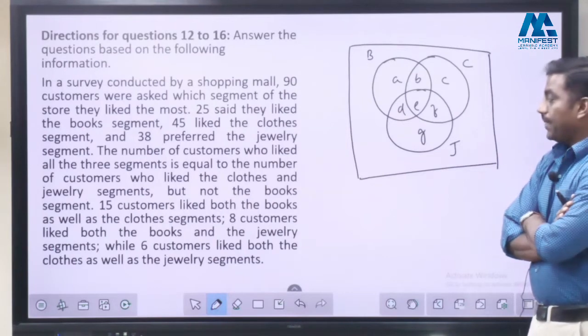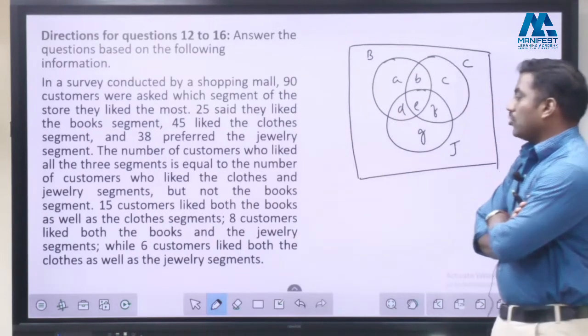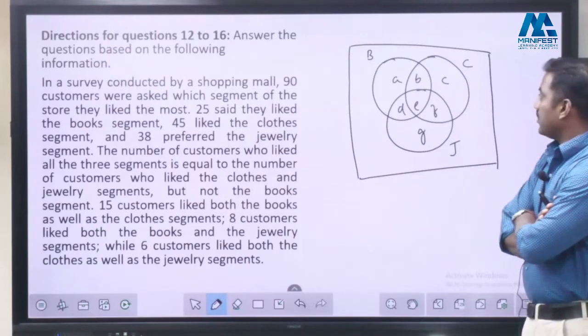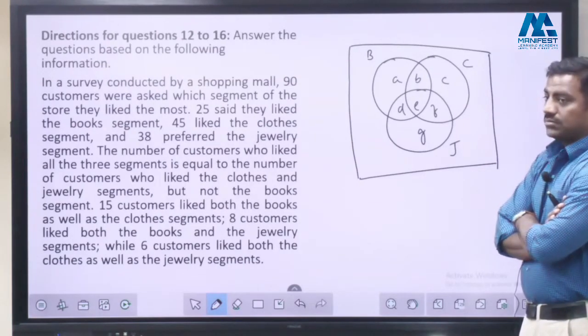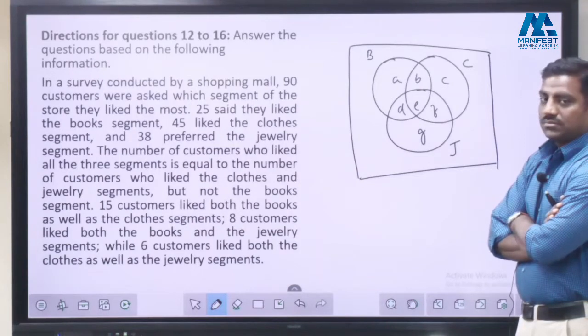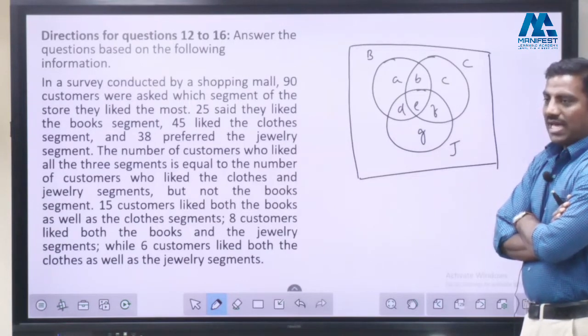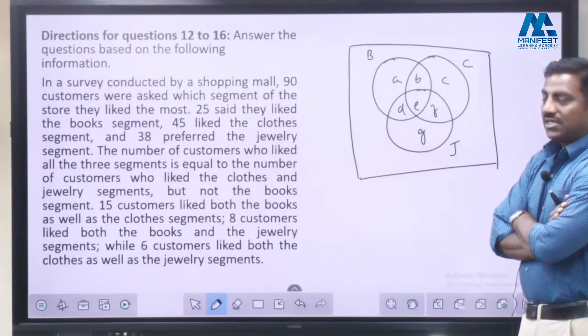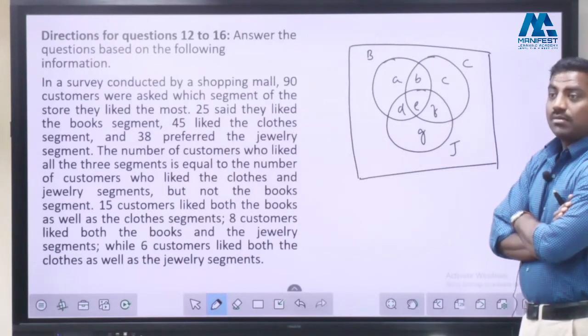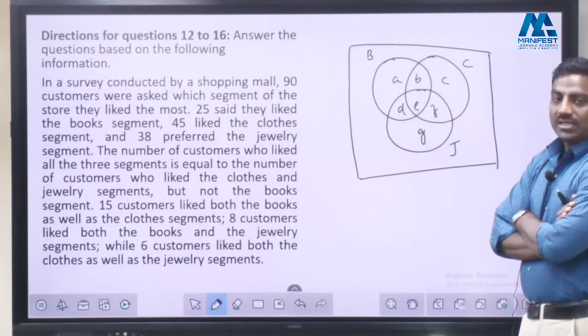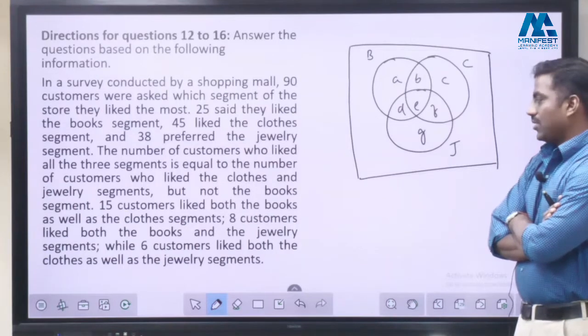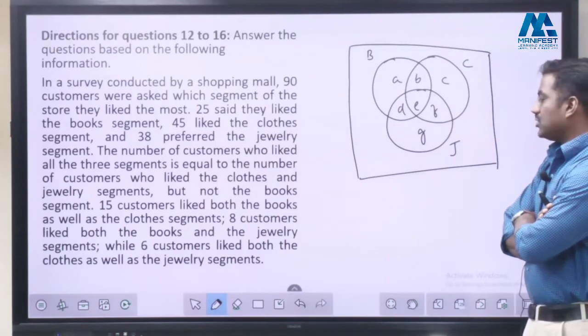Here they are telling 15 customers liked both books as well as clothes. When they say and, you have to go for intersection. Books and clothes intersection is where? B and D. So B and D together is 15.